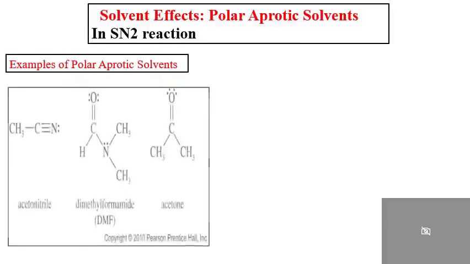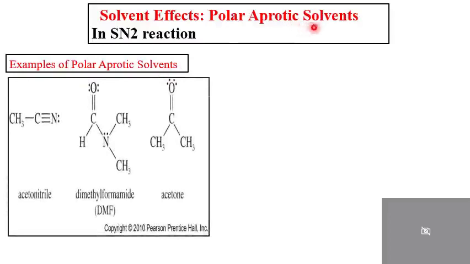Now, if the solvent is polar but aprotic, which doesn't contain a proton, examples of such solvents are CH3CN, acetonitrile, and also dimethylformamide, referred to as DMF. Dimethylformamide is like formaldehyde, where you know the C double bond O and H aldehyde group is there.